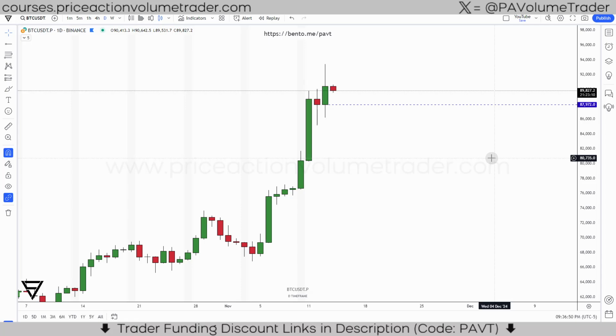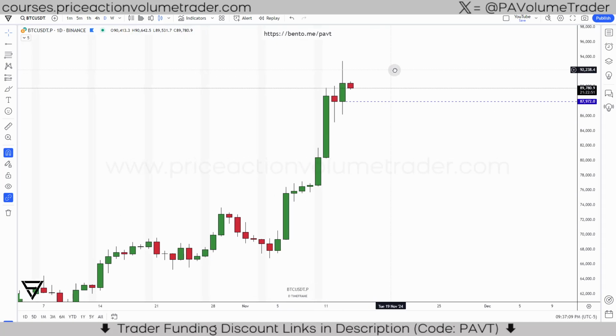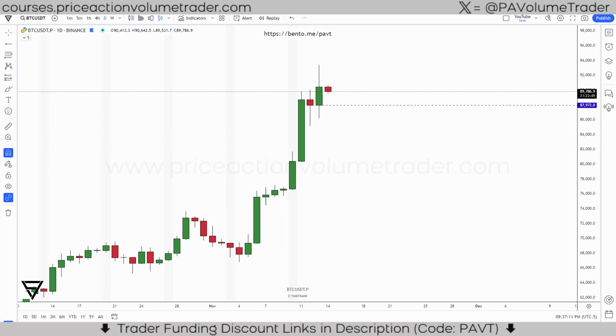So let's start with an example here on Bitcoin, which has been on a very strong uptrend. We can see here we had a very strong move. This was a move happening right after the US elections, which was a very bullish catalyst for crypto. And let's focus on this candle right here.